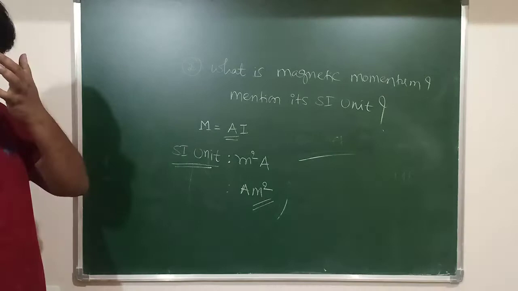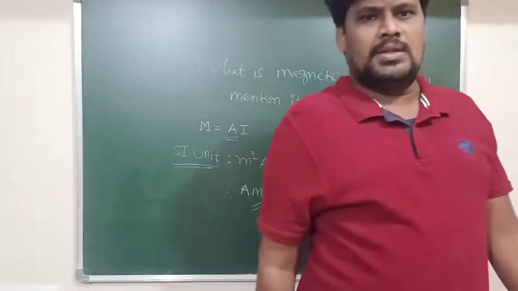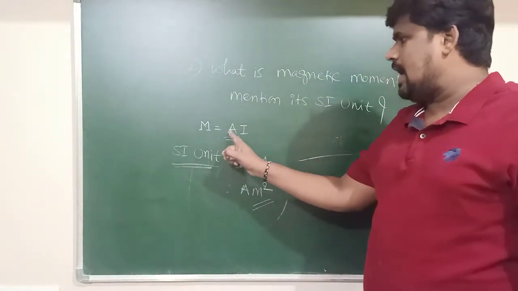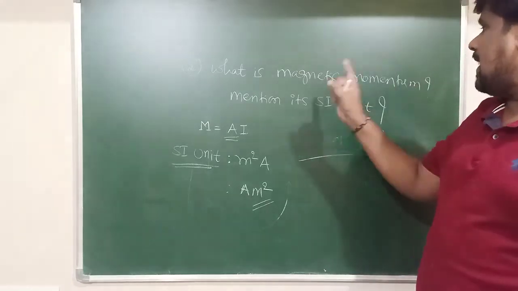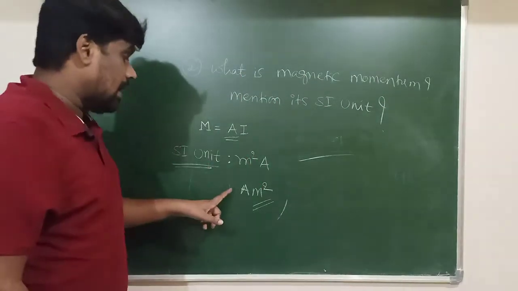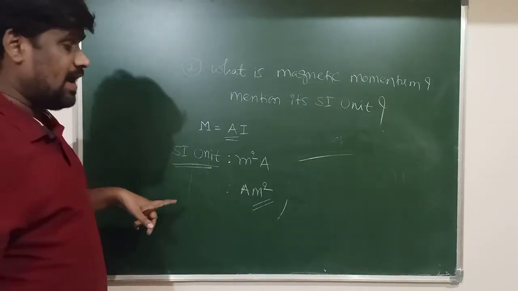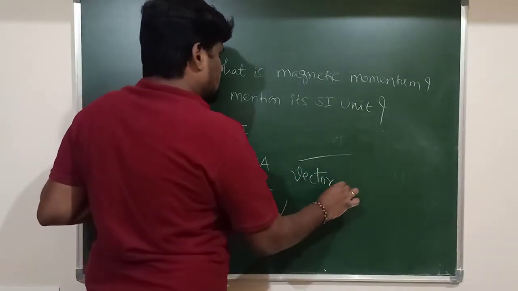Will you concentrate on the definition? What is magnetic moment? The product of area of the loop and current in the loop is called the magnetic moment, and its SI unit is ampere meter square, and of course it is a vector physical quantity.